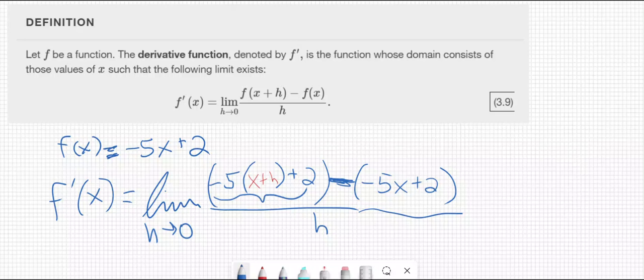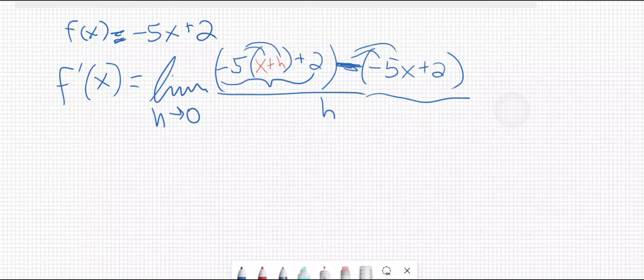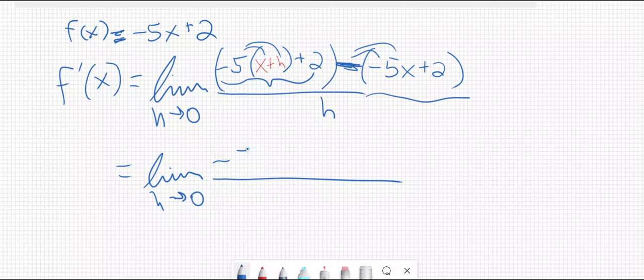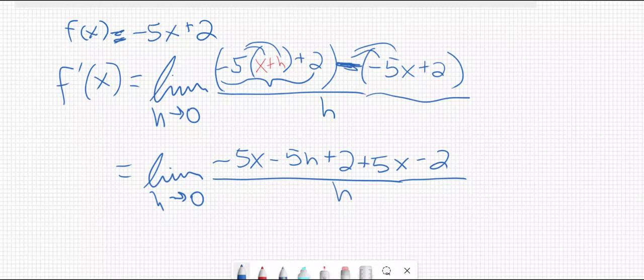So now we have it set up, we just want to see if anything reduces. So I'll probably distribute here and distribute this negative in here. So limit as h goes to 0 of negative 5x minus 5h plus 2, and then negative negative makes this plus 5x minus 2, and then all over h, and then we'll see if anything cancels.